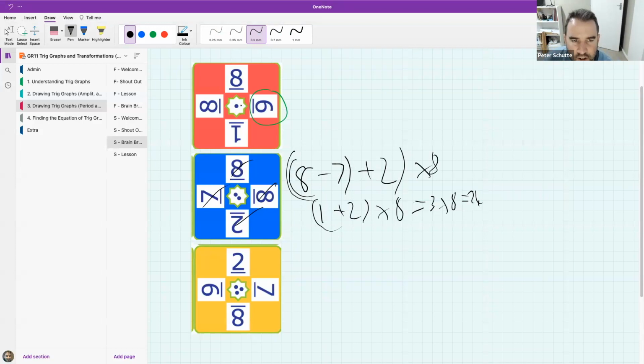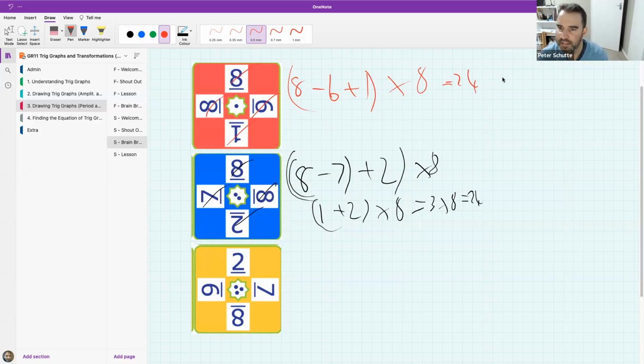Anybody want to have a crack at the red one? Or the yellow one? Those are still available for doing tonight. So Paul has said for the red one, 8 minus 6 plus 1, which is 8, 6, 1, and that gives you 3, and then times by 8, which gives you 24.